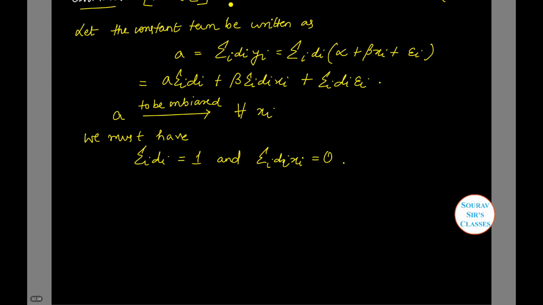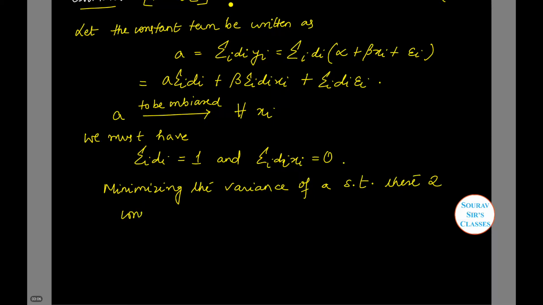So we will be considering the minimization of the variance of our term, that is A, subject to these two constraints. Now we will set up the Lagrange, and we will include both these constraints.